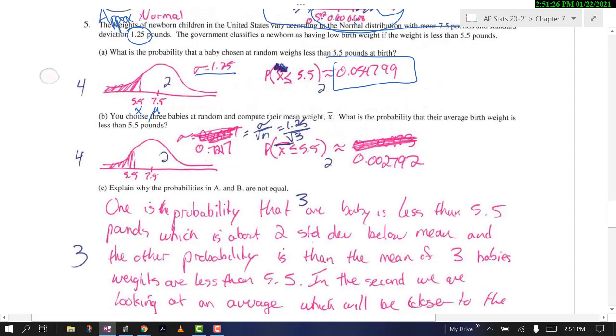When we get down to letter B, it's basically the same problem, except we're looking at x bar. That means the standard deviation of x bar is the standard deviation of the population divided by the square root of the sample size. So that's 1.25 for the original standard deviation divided by the square root of 3 for the sample size.